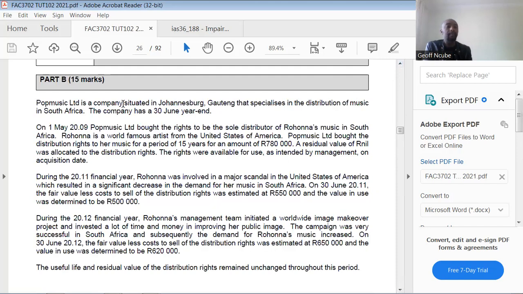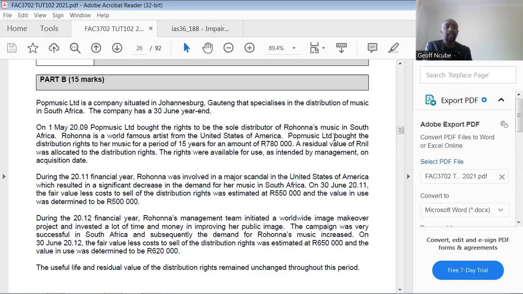Pop Music is a company situated in Johannesburg, Gauteng, that specializes in the distribution of music in South Africa. The company has a 30 June year end. On 1 May 2009, Pop Music bought the rights to be the sole distributor of Rohana music in South Africa. Rohana is a world-famous artist from the United States of America.